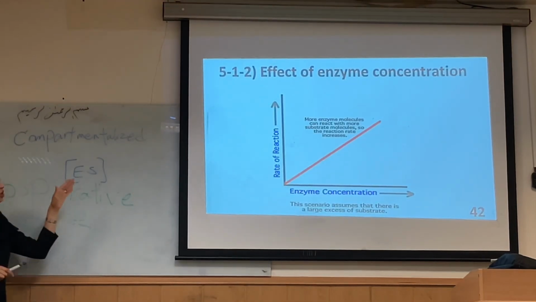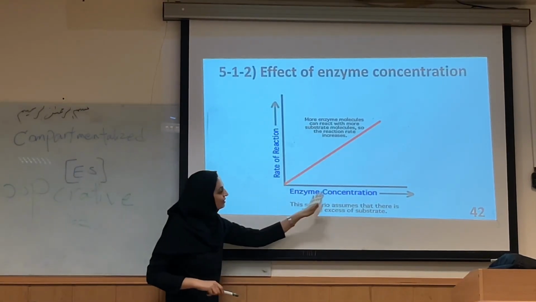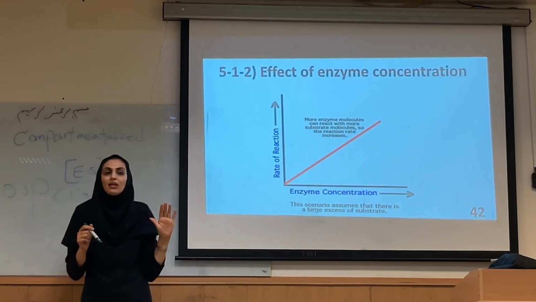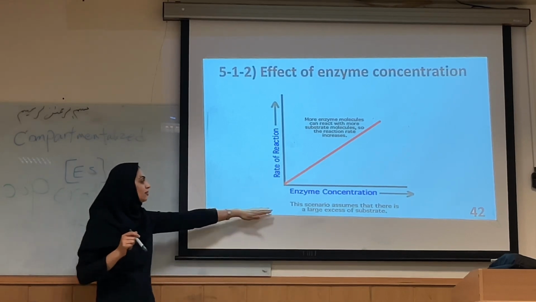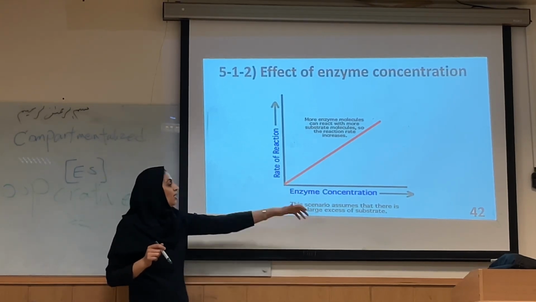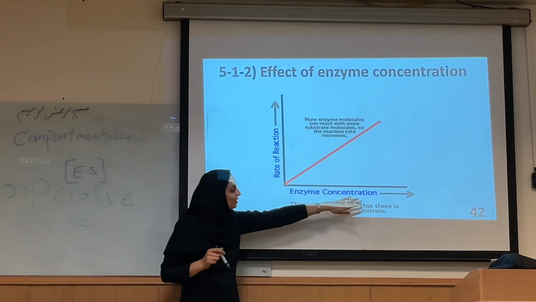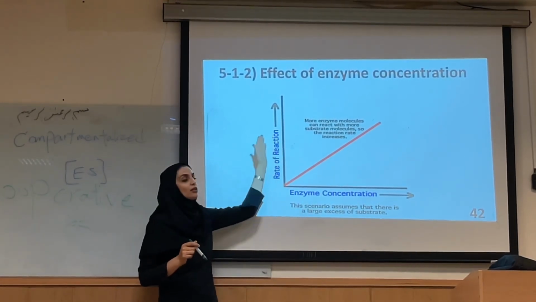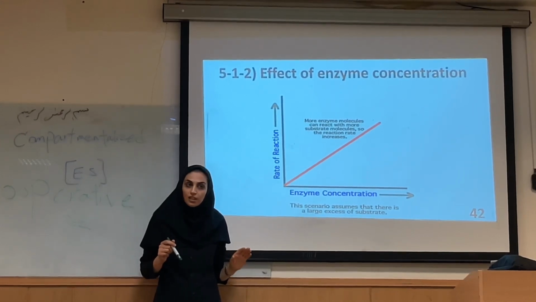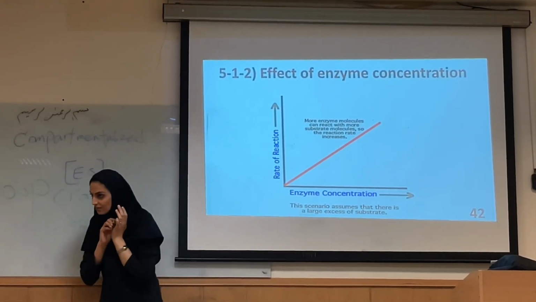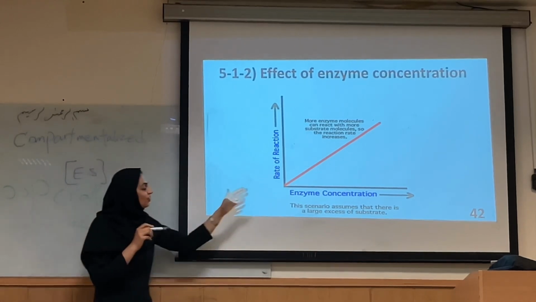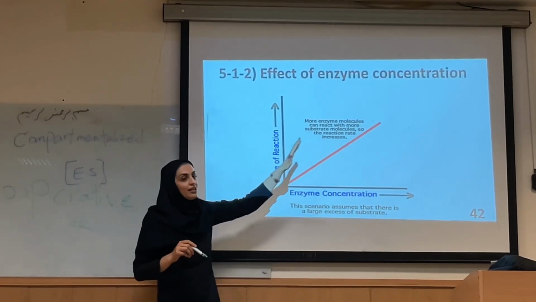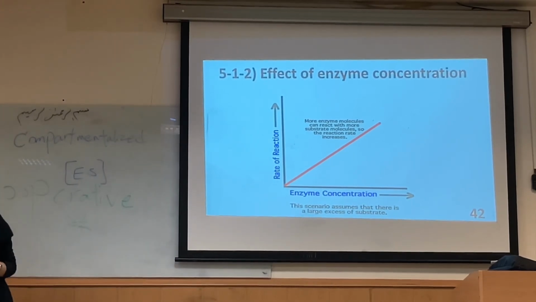Another thing, all of you know about the enzyme concentration. Imagine our substrate level is unlimited, in excess. If we start to increase enzyme concentration, what is happening to the rate of reaction? Increase. We have unlimited substrate, and with increasing enzyme concentration, the reaction rate is increased.